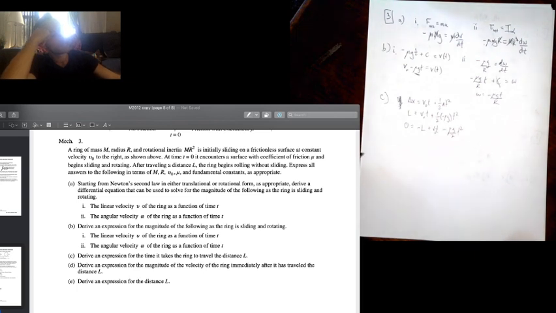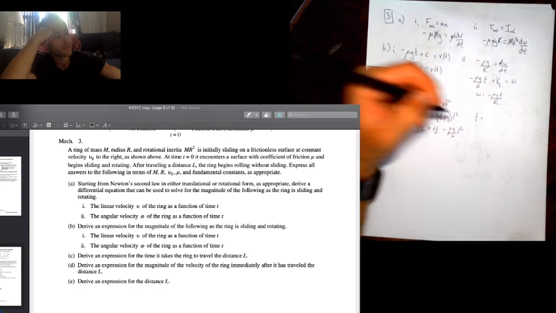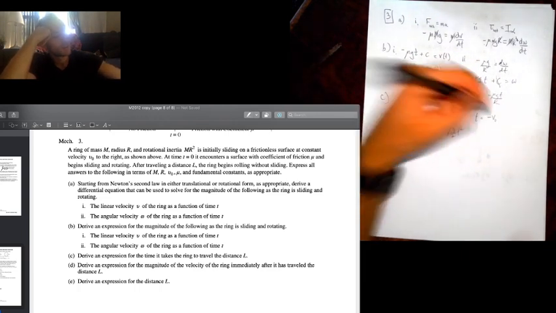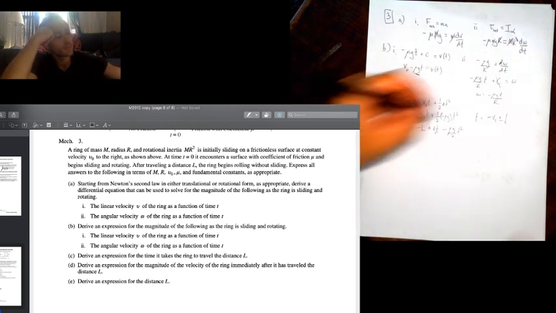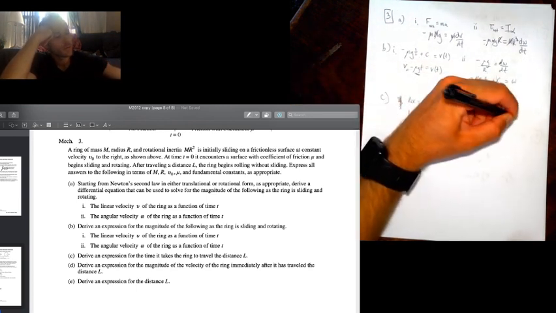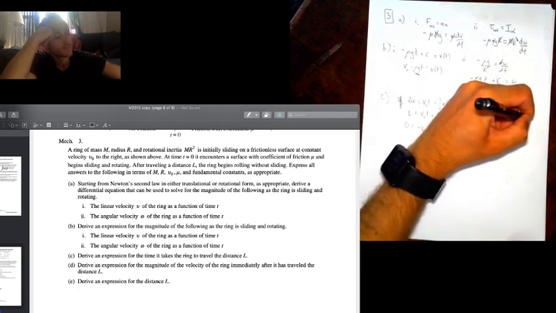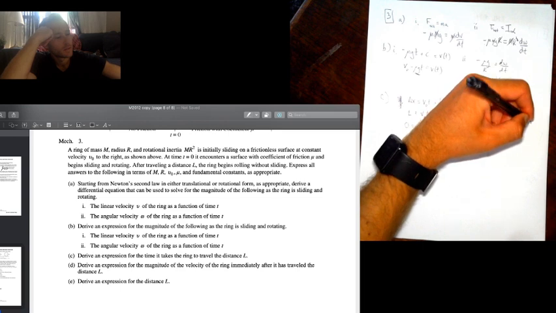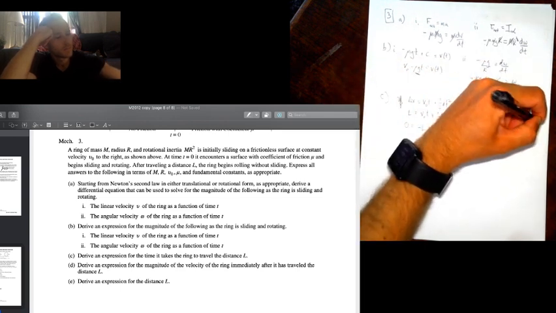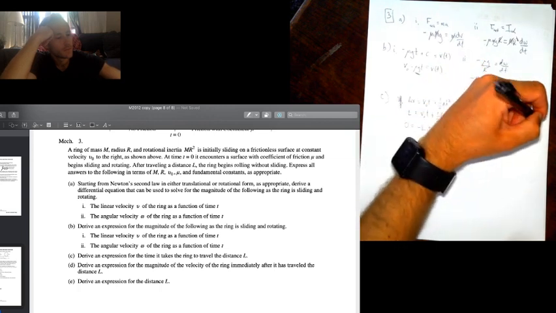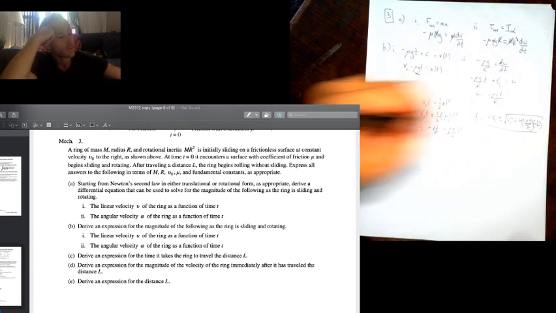So solving that, we get t equals negative b plus or minus the square root of b squared minus 4ac, all over 2a.